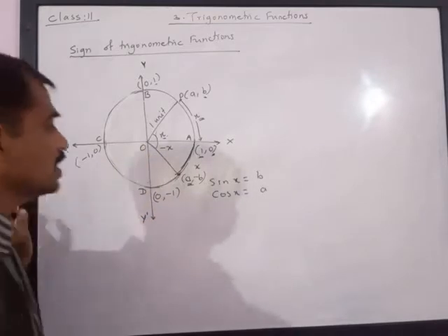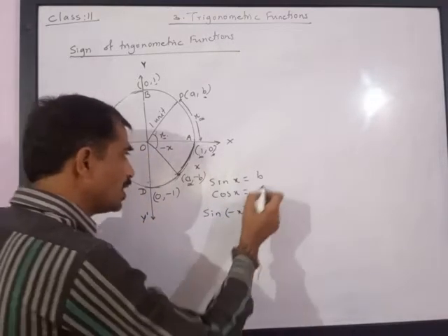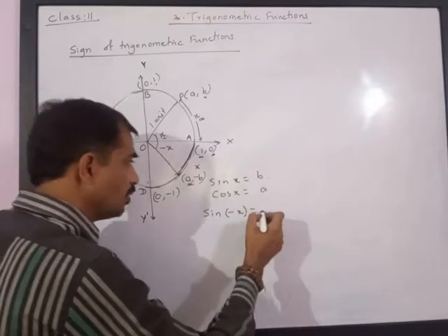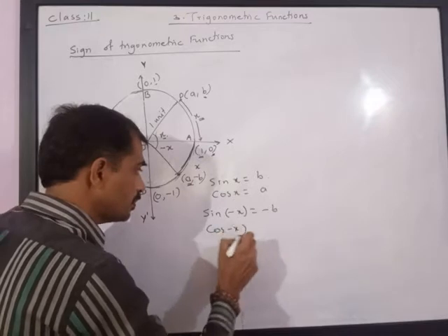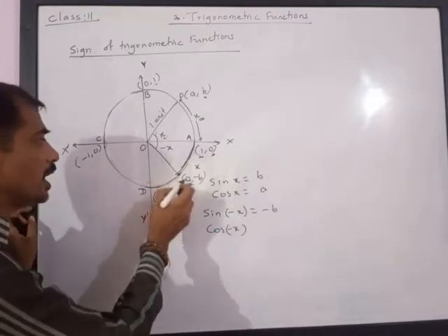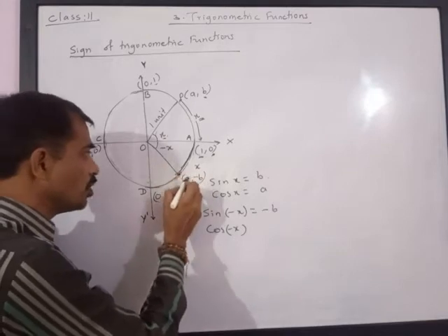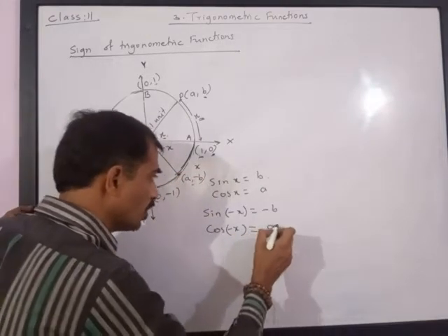So sin of minus x is equal to, the y coordinate being negative, negative b, and cos of minus x is equal to, the x coordinate being again positive, a. Please note, the x coordinate is positive, so cos of negative x is equal to a.